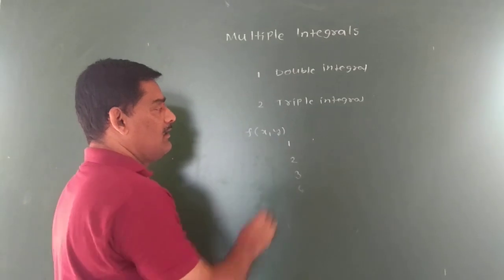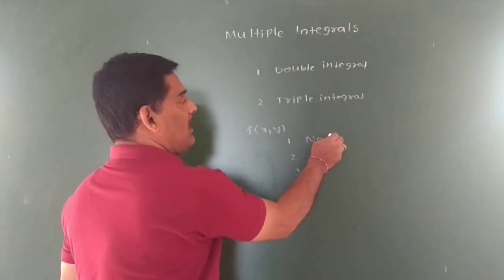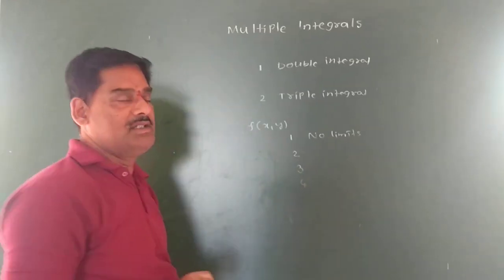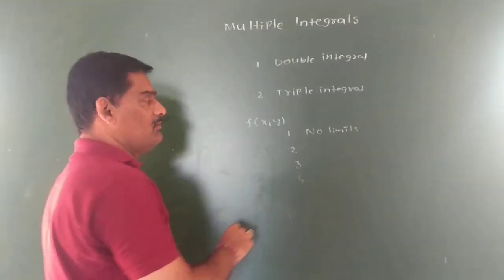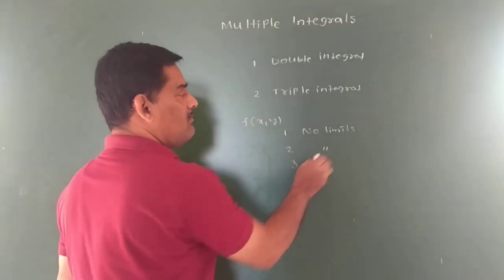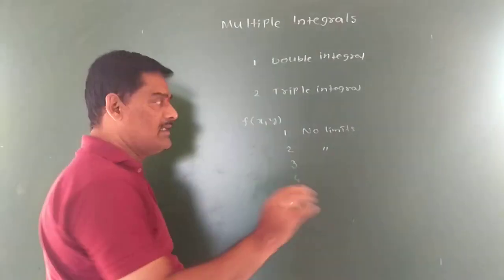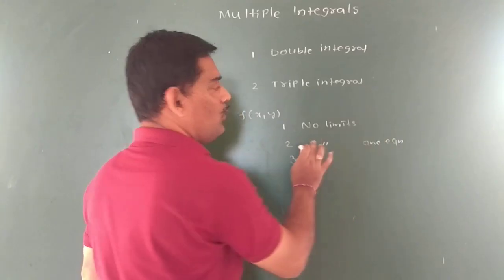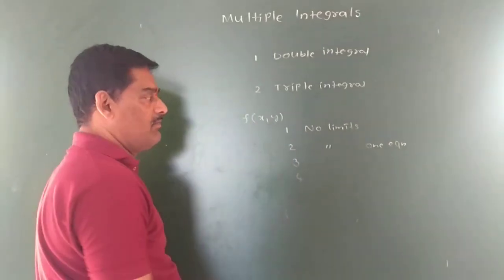One is, no limits are given on the integration. Second one is, no limits are given on the integration, but one equation is given. No limits with one equation.